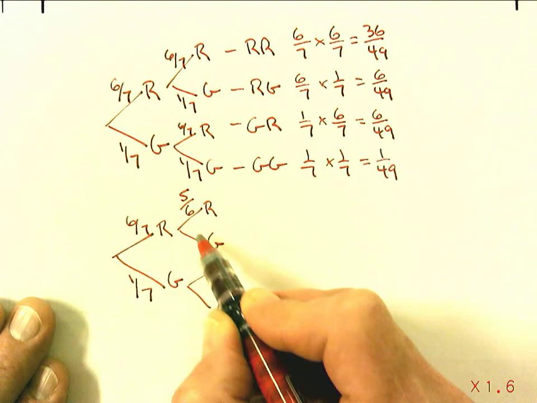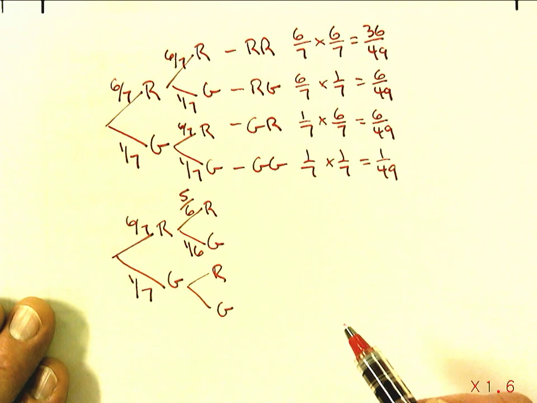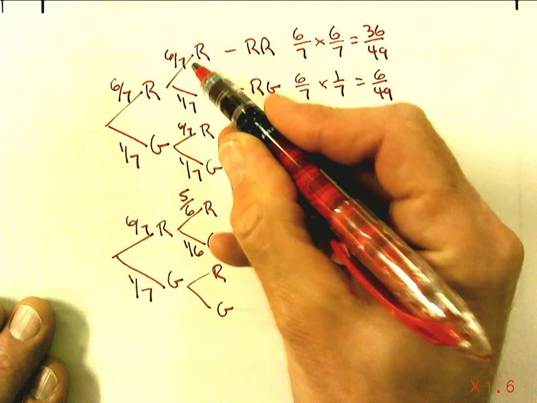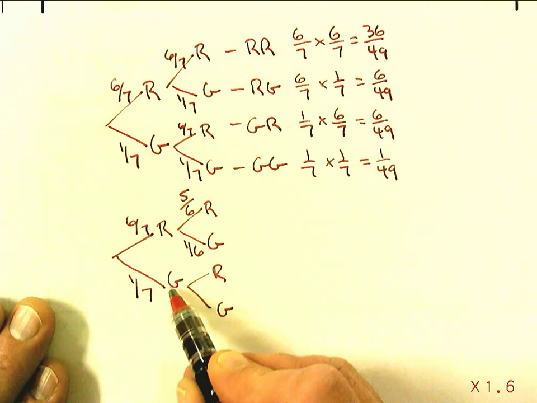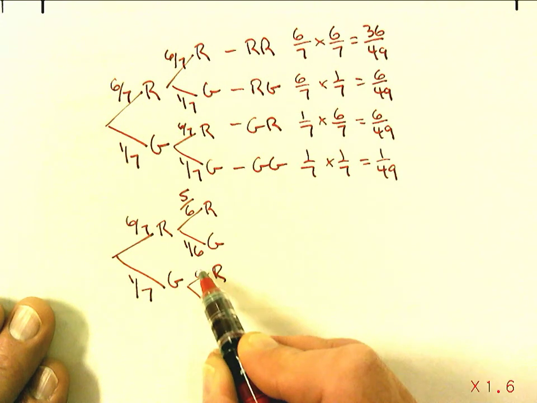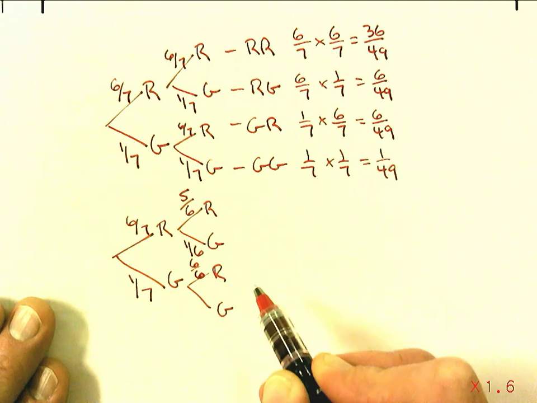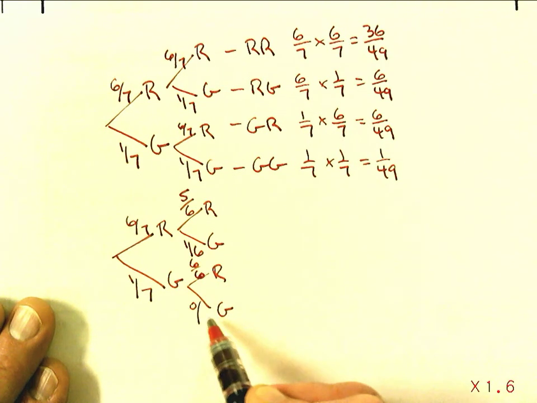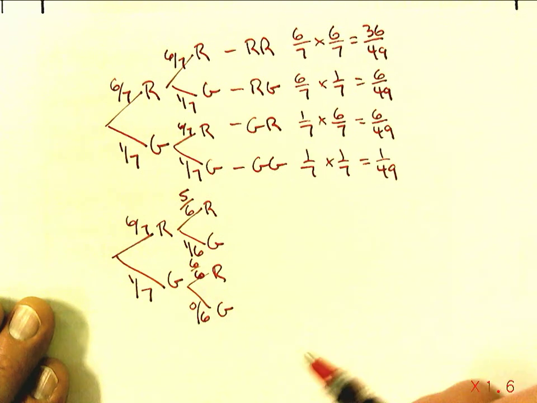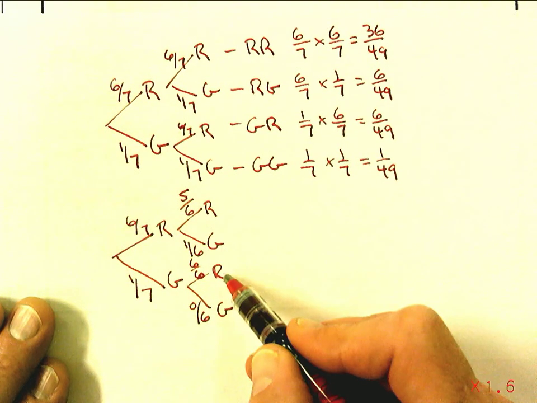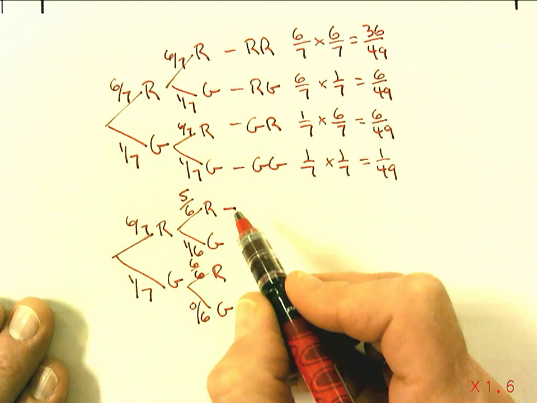And all the greens are still there, so 1 out of 6 are going to be green. Let's see how that changes in our second draw. And in this case, if we took the green one out, and there's only 6 in the container, then all of them at this point are red, and there are no green ones. So if we pulled a green one on the first draw, since there's only 1 in there, we know we're going to get a red one for sure on the second draw.